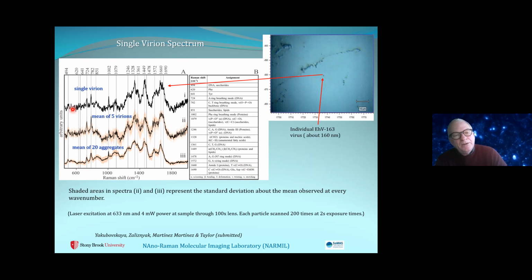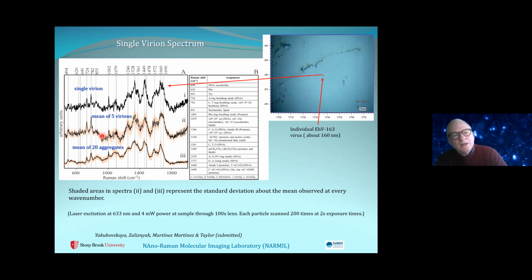The middle spectrum is from 5 individual viruses that have been averaged, and the brown shading around the mean, the black line, is the standard deviation of the measurements. The lower spectrum was acquired from aggregates of the same virus in the same sample, and this is the average of 20 aggregates.